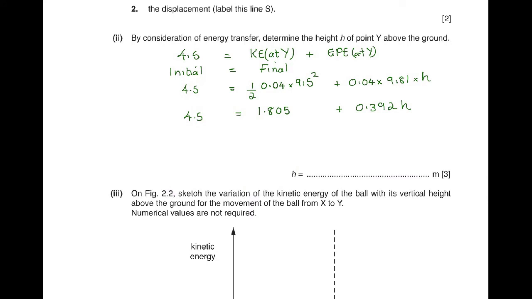Okay, so that gives us here 2.7. So h then will be 2.7 divided by that 0.392. And that gives me 6.9 meters for h.